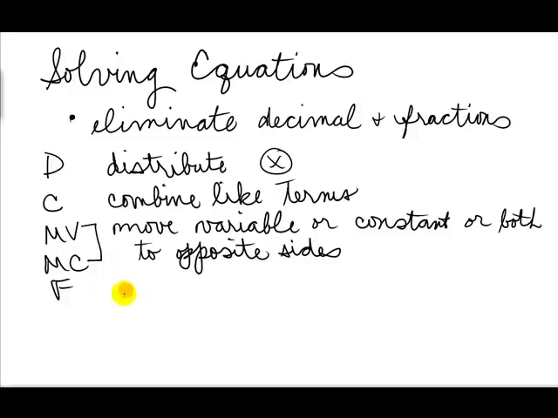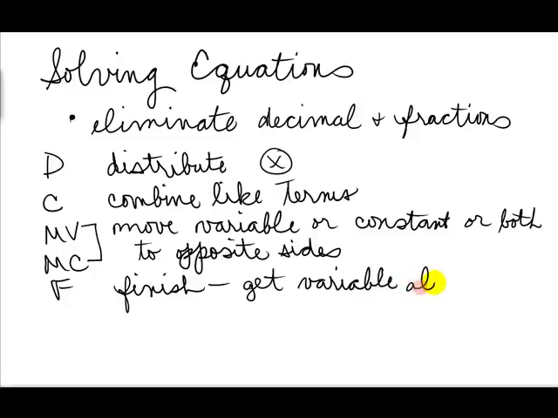And then the F, we're going to finish. And when we finish, we want to get the variable alone. So I want to go back here. We're going to multiply here to distribute. Combining like terms, we're talking about on the left side, then the right side of the equation.